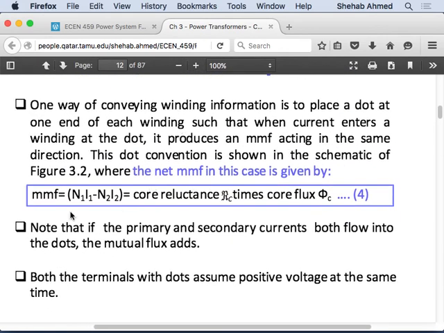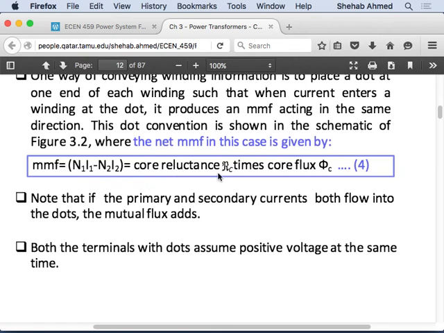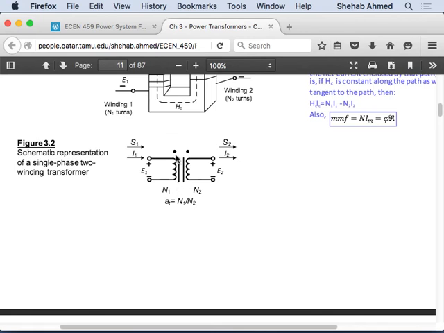So one way of conveying winding information is to place a dot. We'll look at the dot thing next time. We said the magnetomotive force is equal to the difference between the ampere turns in the primary and the ampere turns in the secondary, and that's equal to the core reluctance multiplied by the flux. We will assume that on the primary, current comes into the dot, and on the secondary, current comes out of the dot.